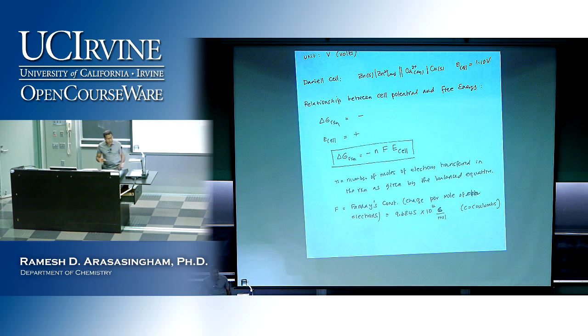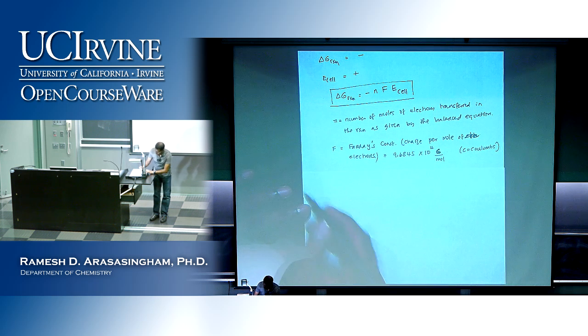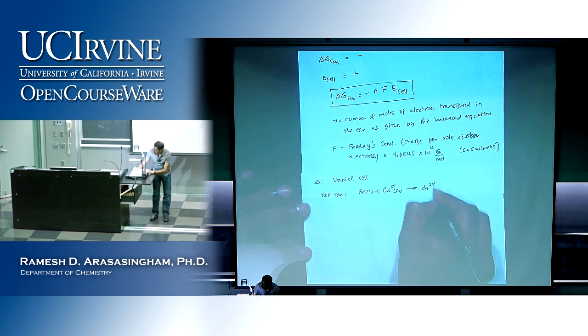So if I take the example of the Daniell cell, let's apply this to it. The net reaction we know is zinc solid plus copper 2 plus aqueous, giving me zinc 2 plus aqueous plus copper solid.